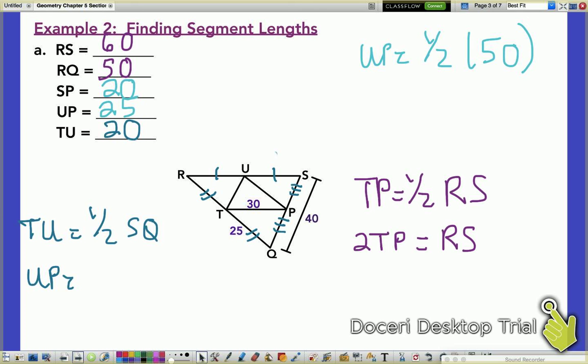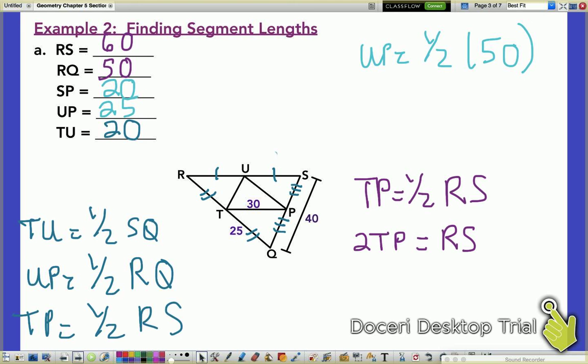UP would be half of RQ, and TP would be half of RS. Okay, so that's the relationship within that triangle.